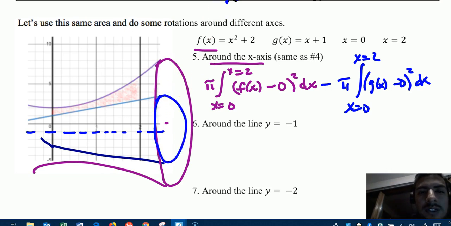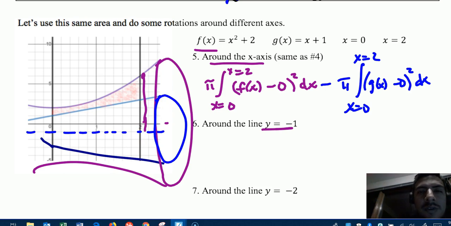And again, the formula covers this if you're not understanding, all that means is that your big radius is starting at f of x, but instead of stopping at x equals 0, we're going to paint all the way down to that blue line, to that axis of rotation, around y equals negative 1. So we're going from f of x to the axis.